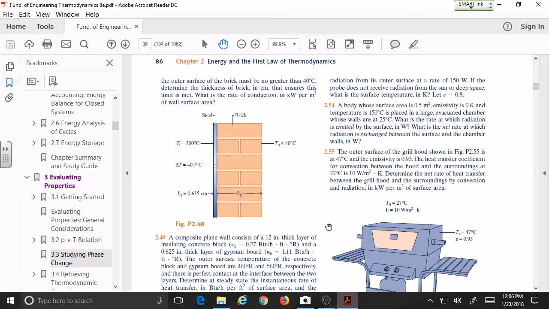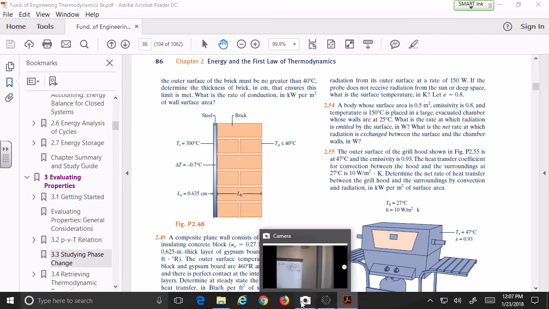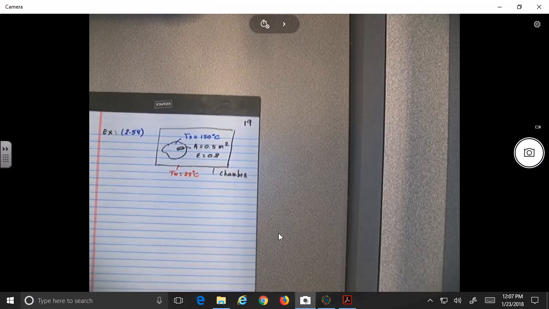Okay, all right, got it. I think I got it. We can check. Maybe do a little bit of cheating here. This is the figure that I did.